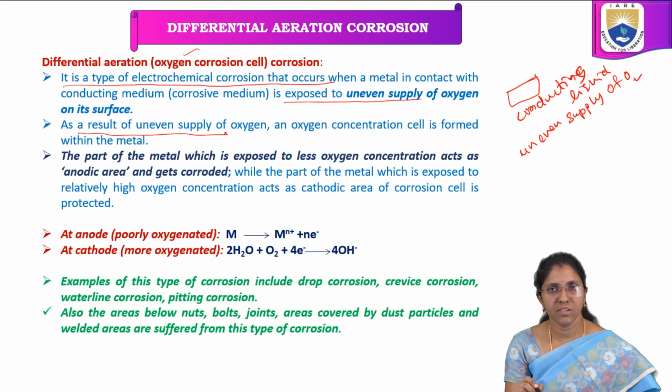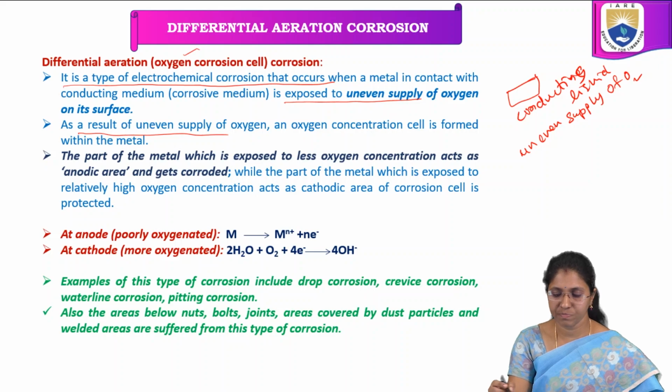As a result of uneven supply of oxygen, an oxygen concentration cell is formed within the metal.